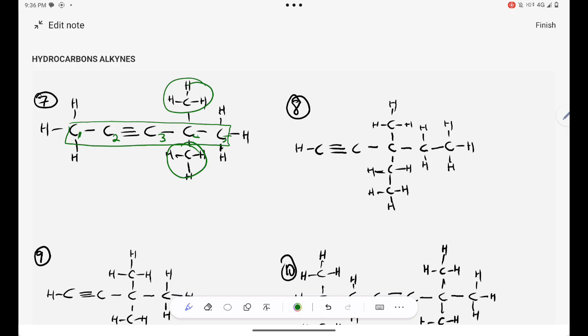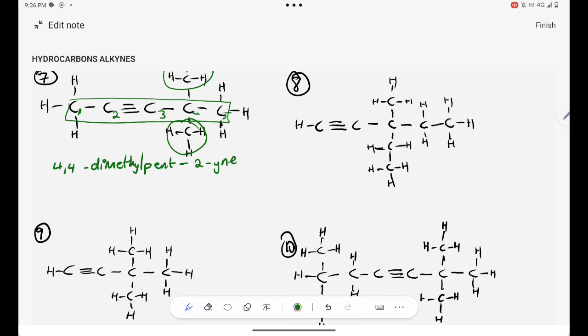I'll first mention them. That's 4,4-dimethyl. Since this compound has 5 carbons on the parent chain, the prefix will be pent. And then between carbon number 2 and 3, I have a triple bond. I'll simply write a 2 there.